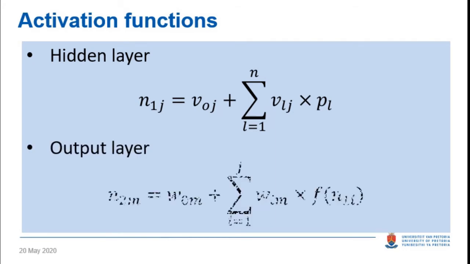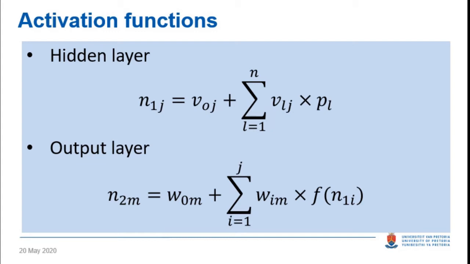So the output layer's N function, which an activation function will be applied to, is differentiated from the one from the hidden layer by indexing it with a 2 instead of a 1. Also, your nodes at the output layer go from 1 to m. So m represents your nodes at the output layer.